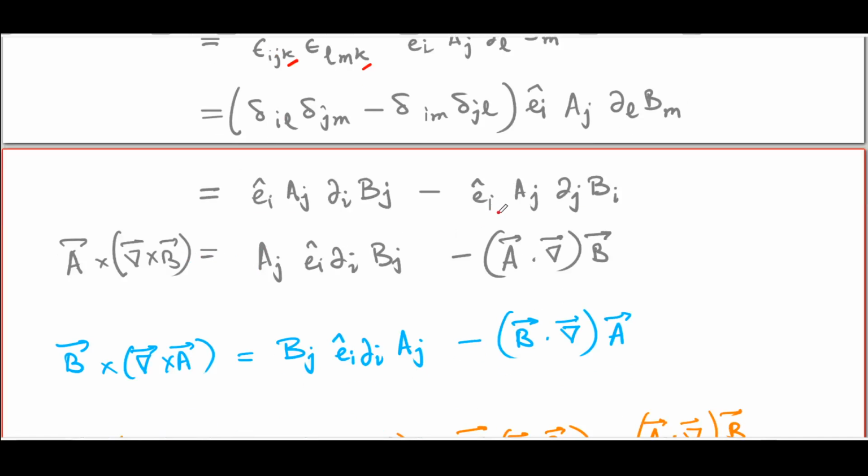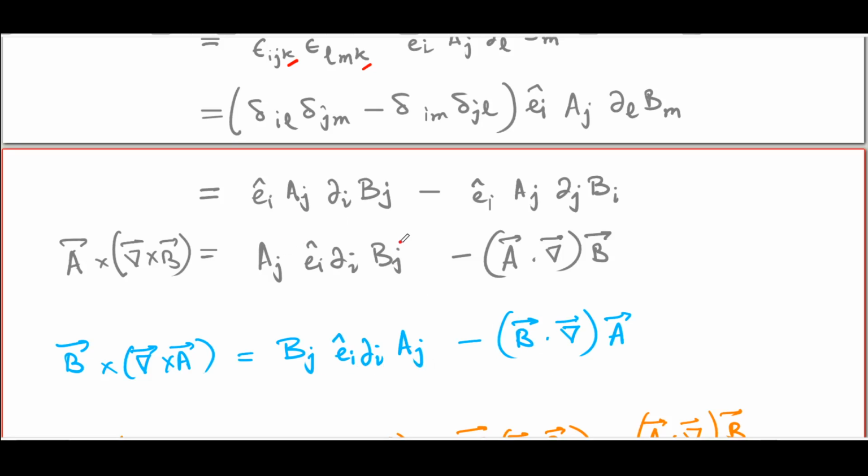This extra term is of course minus A dot grad, A dot del acting on B. But if you do B cross curl of A, that is interchange A and B here, you actually end up with the second term that we had in divergence of A dot B. BJ, EI del I AJ.